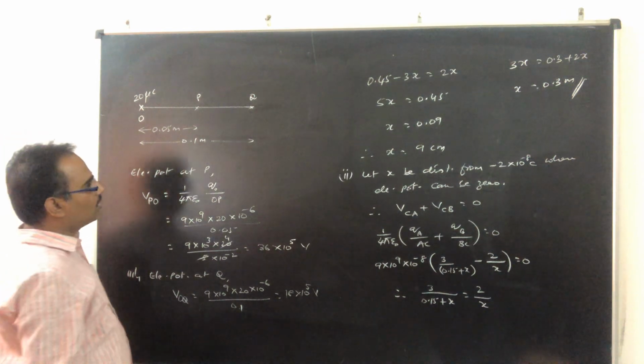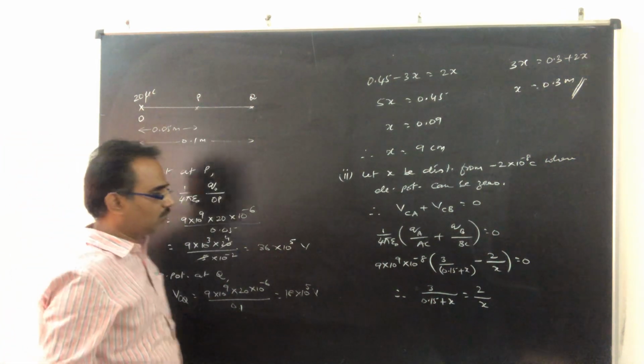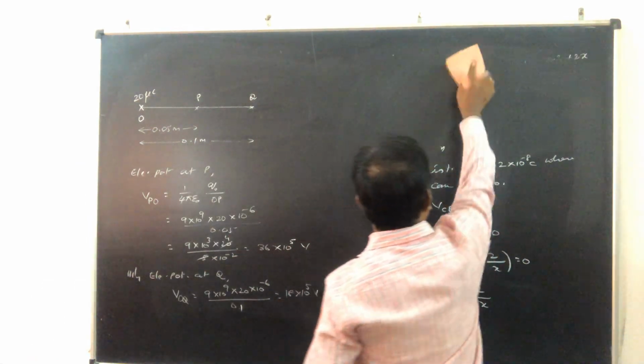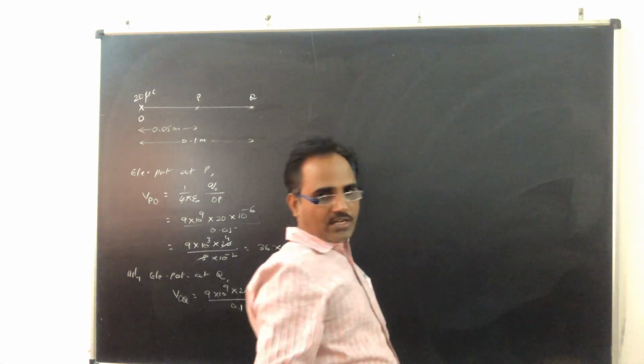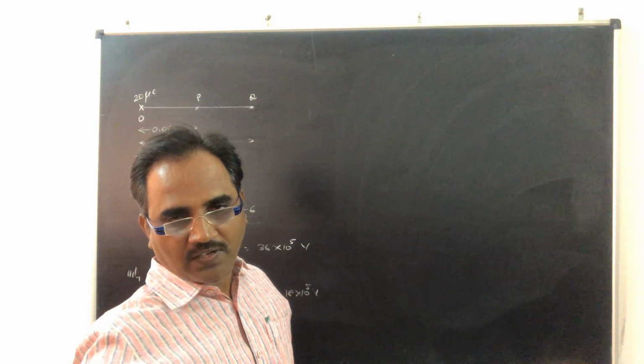Now the question is, work done in moving an electron from one point to another point. So how to find this work done? As I told you while explaining the concept, work done is potential difference into charge.